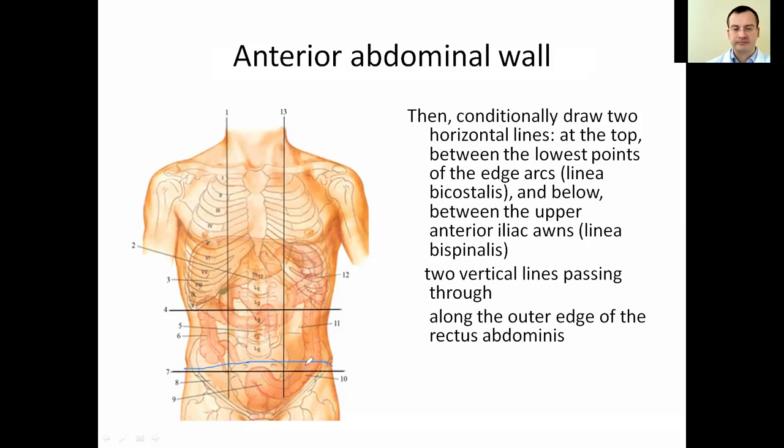So these are the two vertical lines passing along the outer edge of the rectus abdominis.